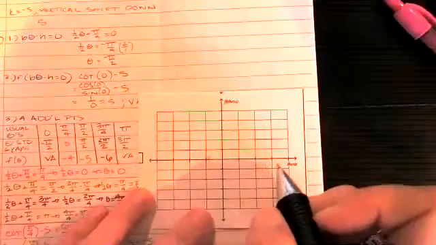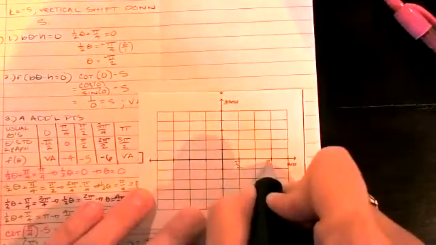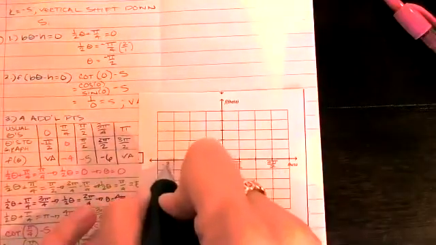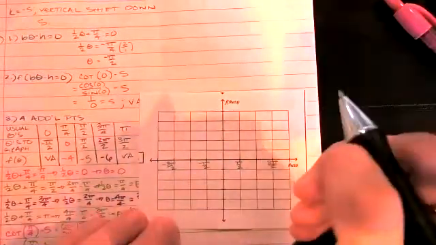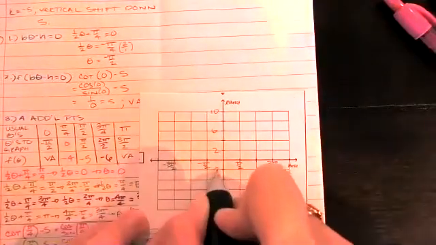So next up, working with our table here. It looks like we should count by pi over 2's. So pi over 2, 2 pi over 2, 3 pi over 2, negative pi over 2, negative 3 pi over 2. And I guess we count by 2's here: 2, 4, 6, 8, 10, negative 2, negative 6, negative 10.